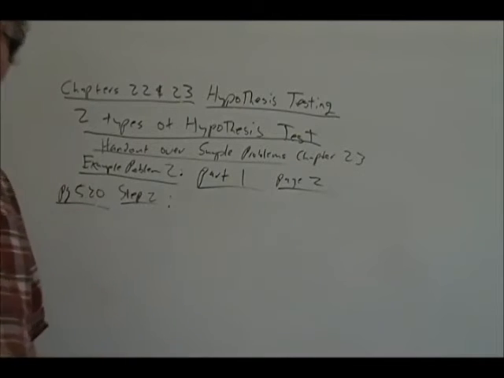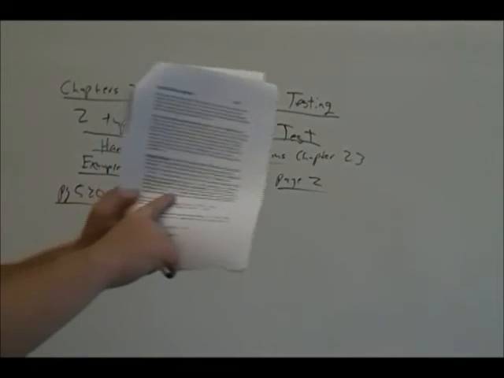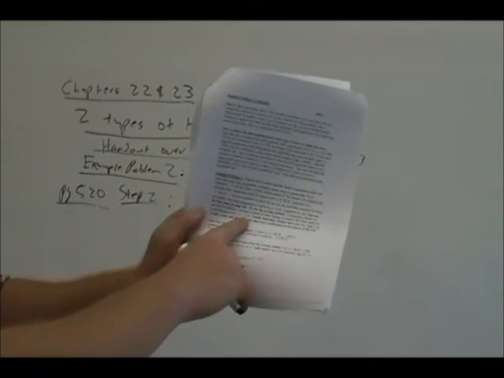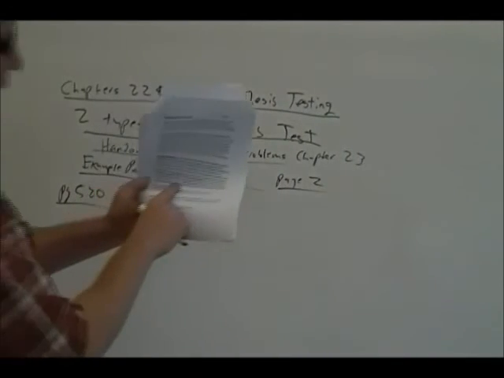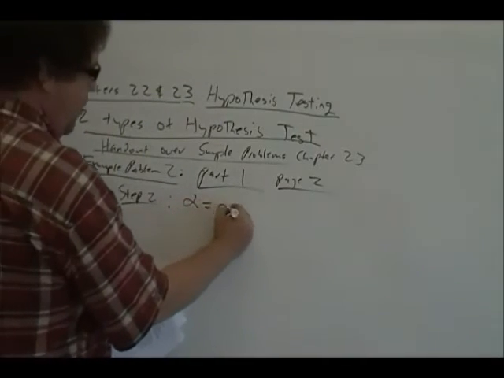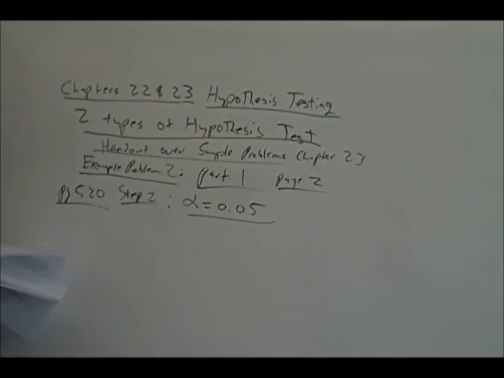The flow chart says pick a significance level that will minimize the likelihood, or the seriousness, of a type 1 error. But in all the problems in this book, and in every book I've ever seen, they always give you the significance level in the problem. You just need to copy down the given significance level, and here it's alpha equals 0.05. So I'll need to remember that for step 5.